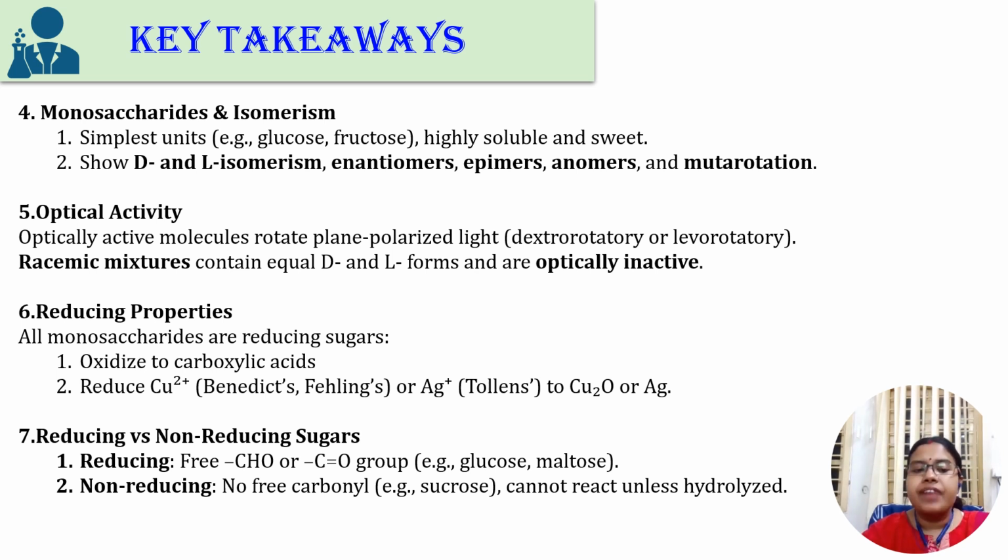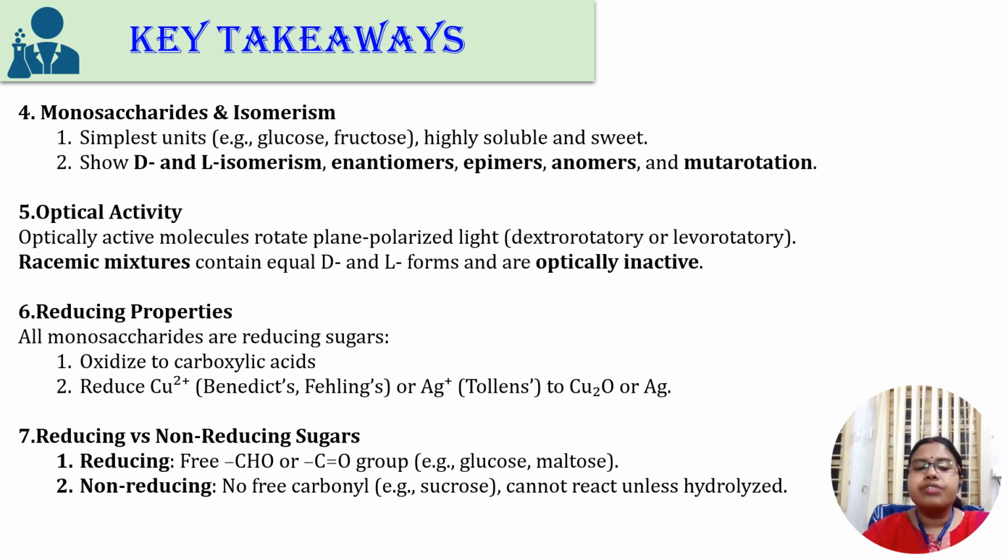Benedict's and Fehling's are the same. They give a positive result for both the aldehyde and the keto group, but if we want to distinguish between aldoses and ketoses, we can try Tollens' test, because Tollens' test gives a positive result only for aldoses.